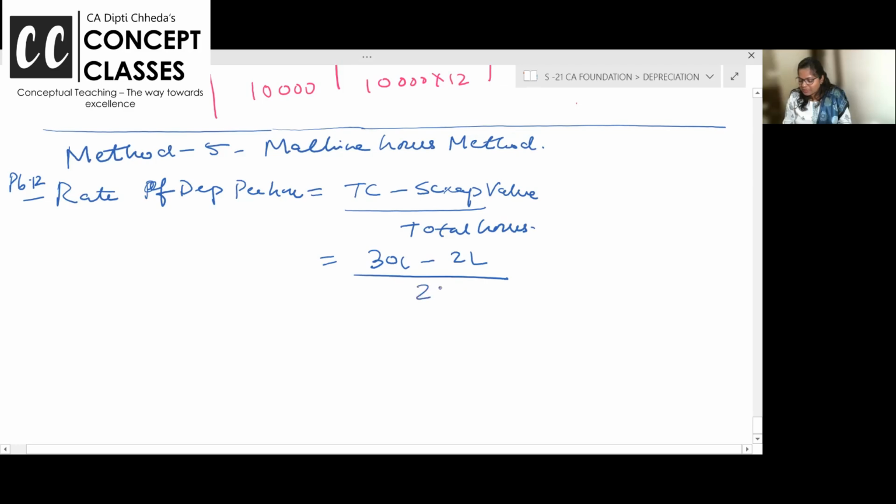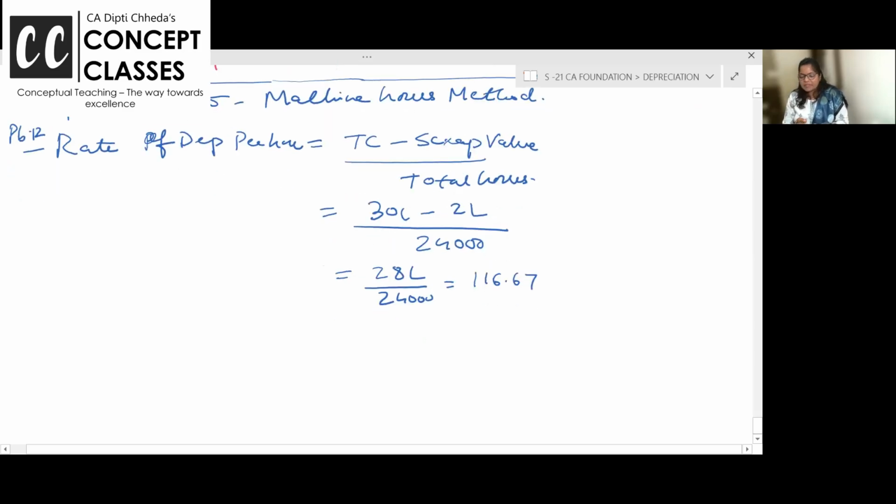And in its lifetime this machine is going to work for 24,000 hours. So 28 lakhs divided by 24,000. This is the rate per hour. This time it is coming in decimals.